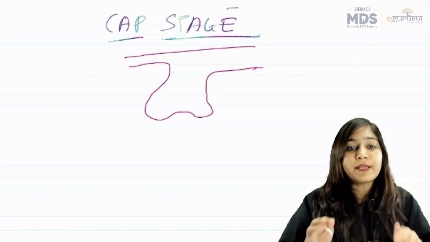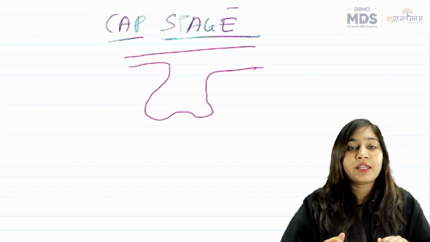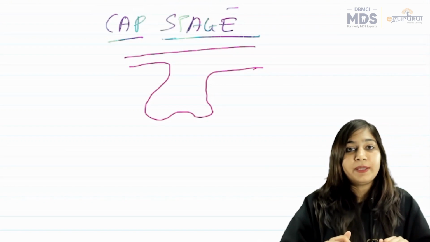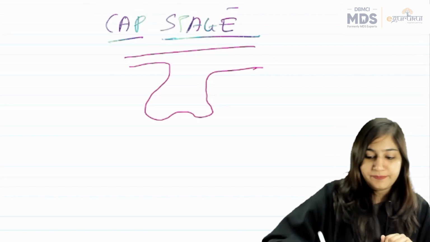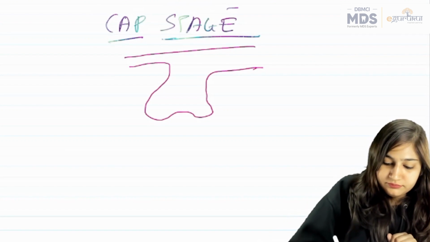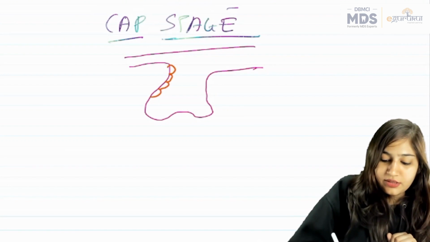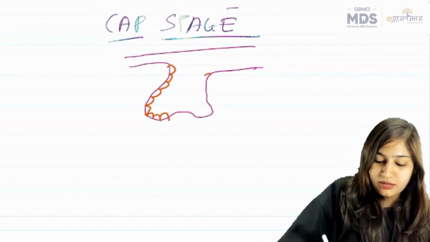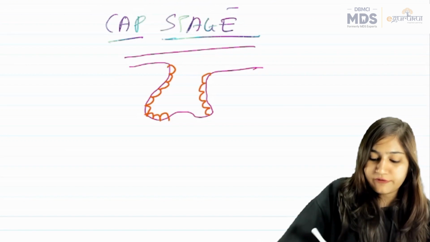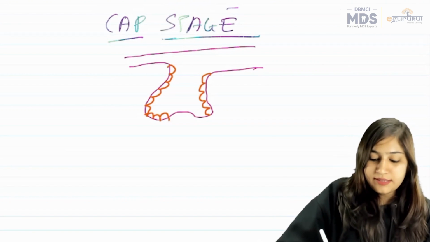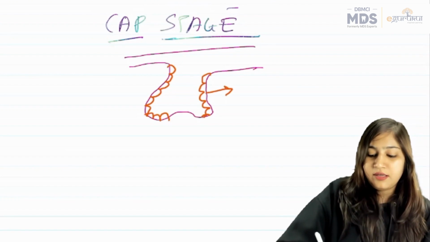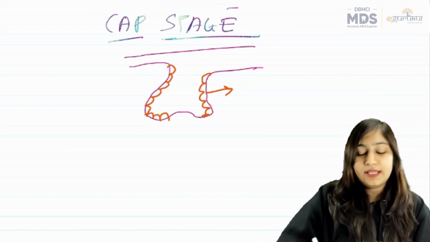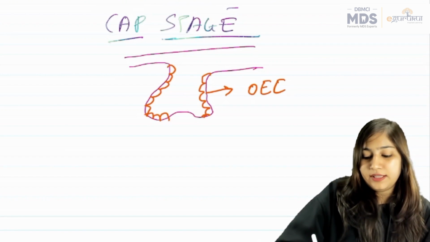So, the cells present in the convexity of the enamel organ will be cuboidal in shape. Here you can see cuboidal cells present at the convexity of the cap. These cuboidal cells are outer enamel epithelium.